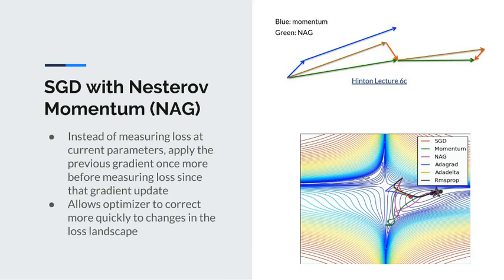SGD with Nesterov Momentum, also known as NAG, is an optimization on top of SGD with momentum that we found to provide better performance in practice. What NAG does is instead of measuring loss at the current parameters, we apply the momentum term of the previous update before measuring loss. You can see this illustrated here on the right-hand side.